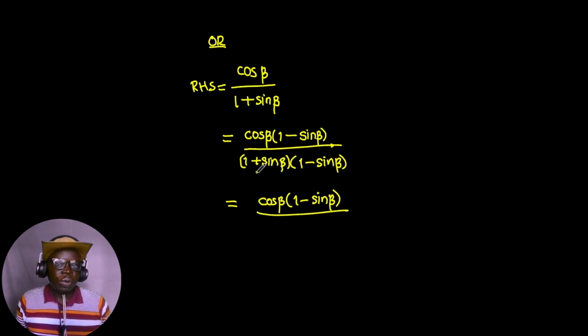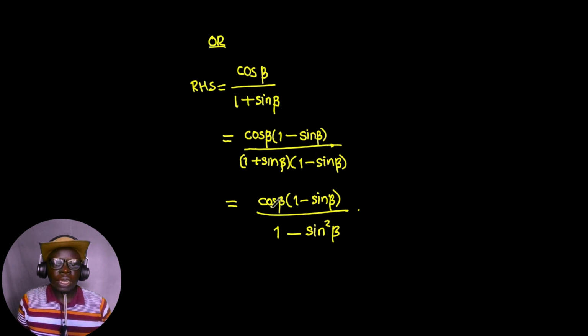If you don't know how to work with difference of two squares, you go ahead and expand slowly. Use the distributive law where you multiply the first term with the first term here, then the first term with the second term. You also move here. This term is that, and this term is that, and we come up with an expression that looks like 1 minus sine squared beta. So from there, since this one exactly looks like what we have here, but the only difference is that this is with a square, we can write it in terms of cosine.